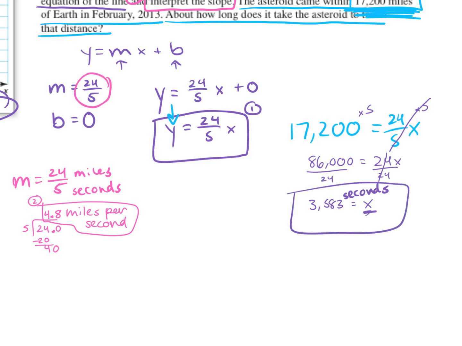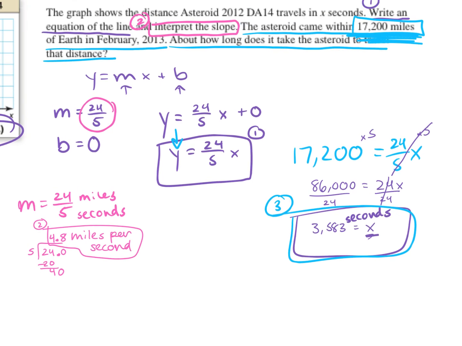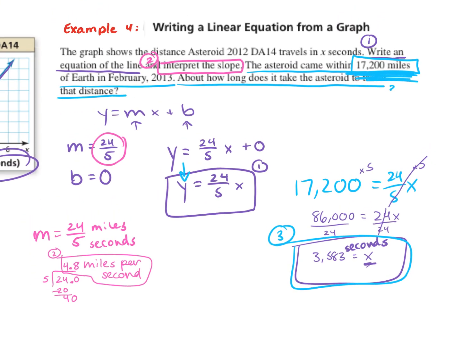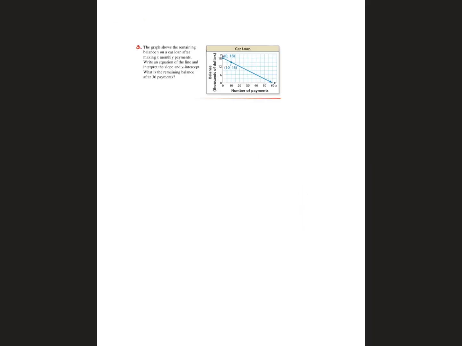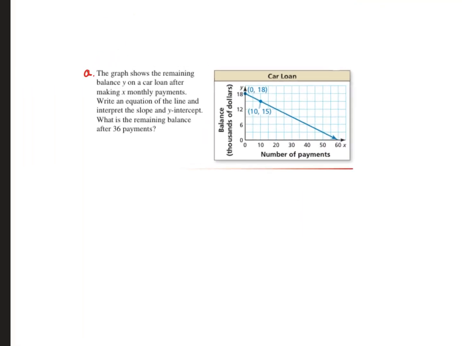So this is the answer to the third part of this question. So this question has 3 separate parts, kind of asking 3 questions in one. We had to write an equation of a line, interpret the slope, and then answer the question about how long the asteroid took. All right, next question is kind of asking us for the same thing.